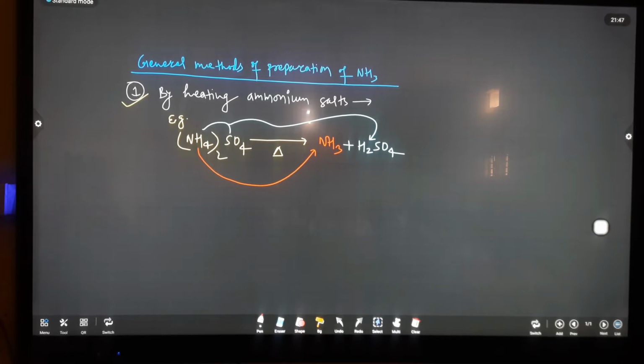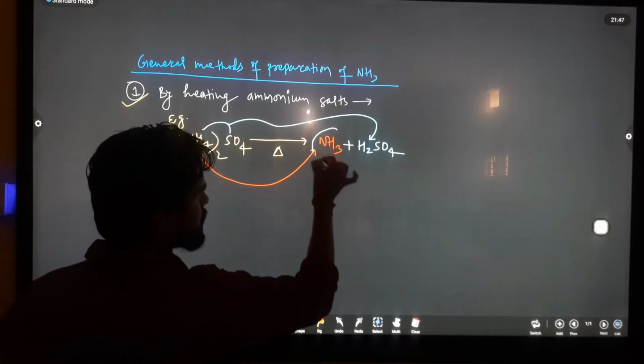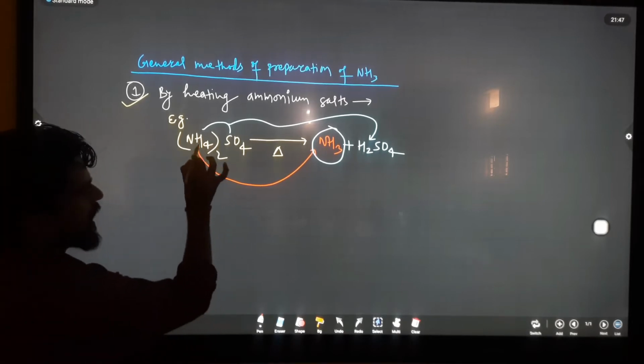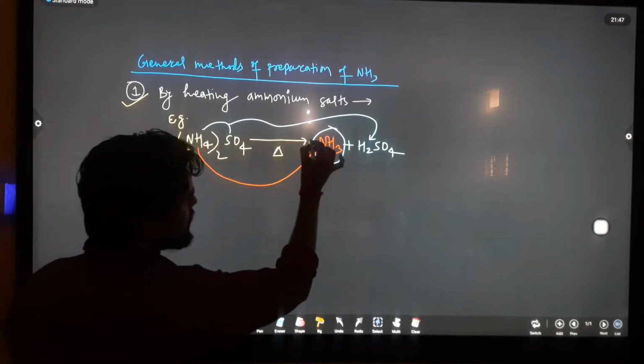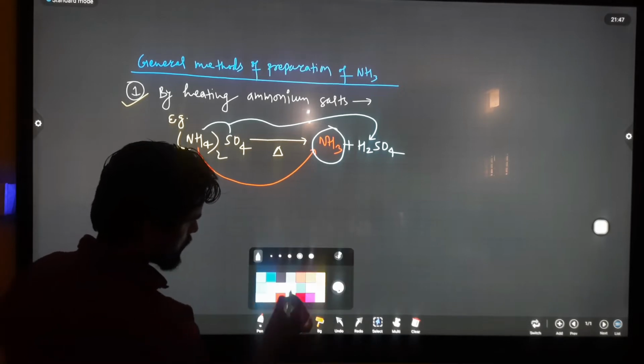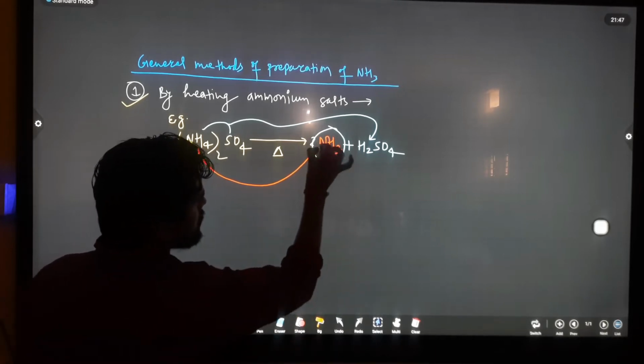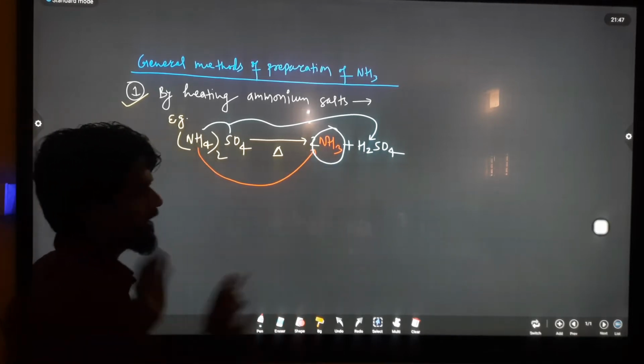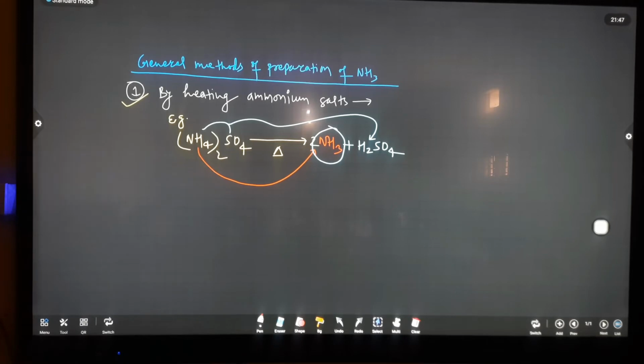What we need here is NH3. So to balance this, hydrogen 4 to 8, so I'll keep here 2 to balance. Nitrogen balance 4 to 8. So 3 to 6, 6 plus 2. I think it is balanced. So this is method number 1.